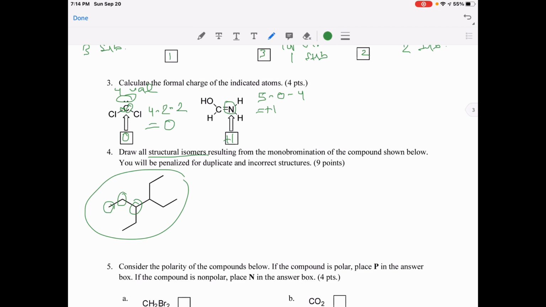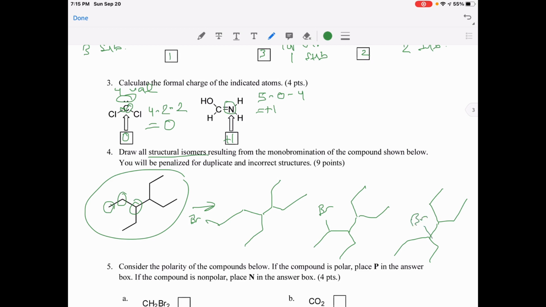And when we do that, we get 3 unique products. And these are our final answers.